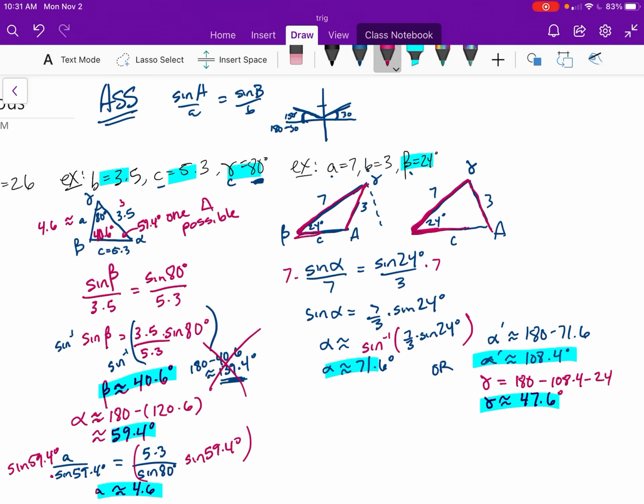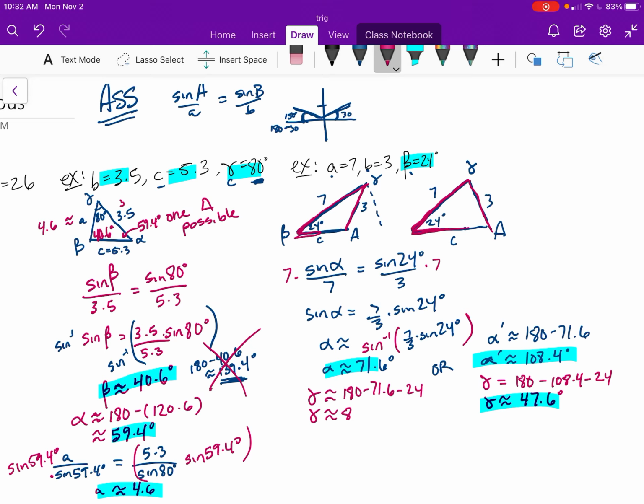So I'm going to say or here, because originally I found alpha to be 71.6, which would make gamma, what, 180 minus 71.6 minus 24. So that would make gamma approximately 84.4. Sorry, doing math in my head.